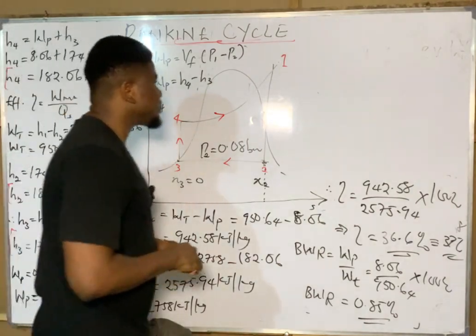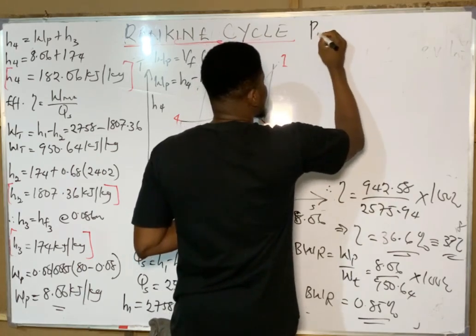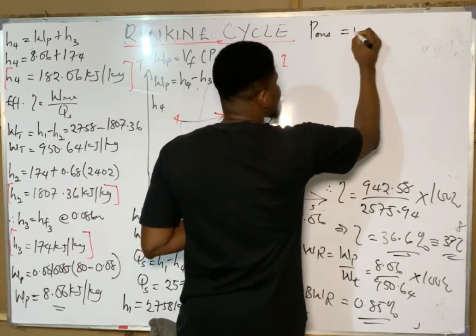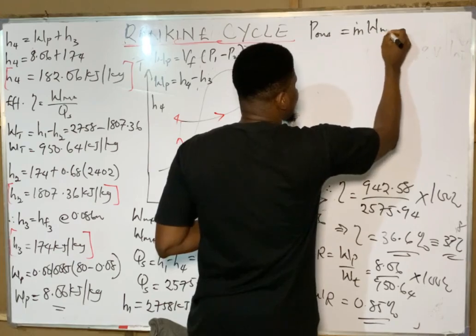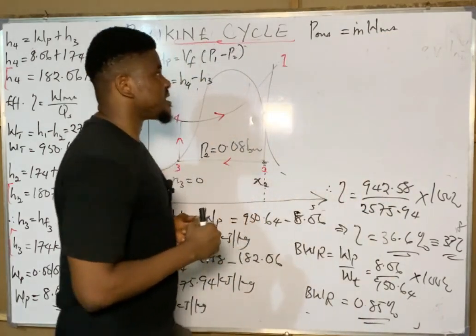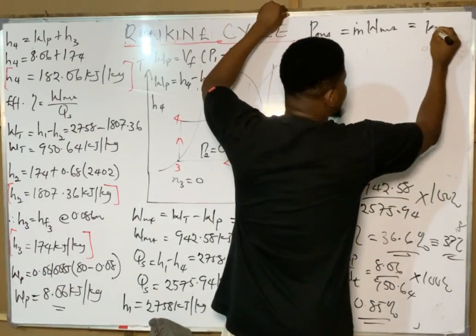The next question says we should find the mass flow rate of steam. To find it, we use the relationship: we are given the power output, and power output is equal to mass flow rate multiplied by the net work. This power output can also be labeled as W dot.